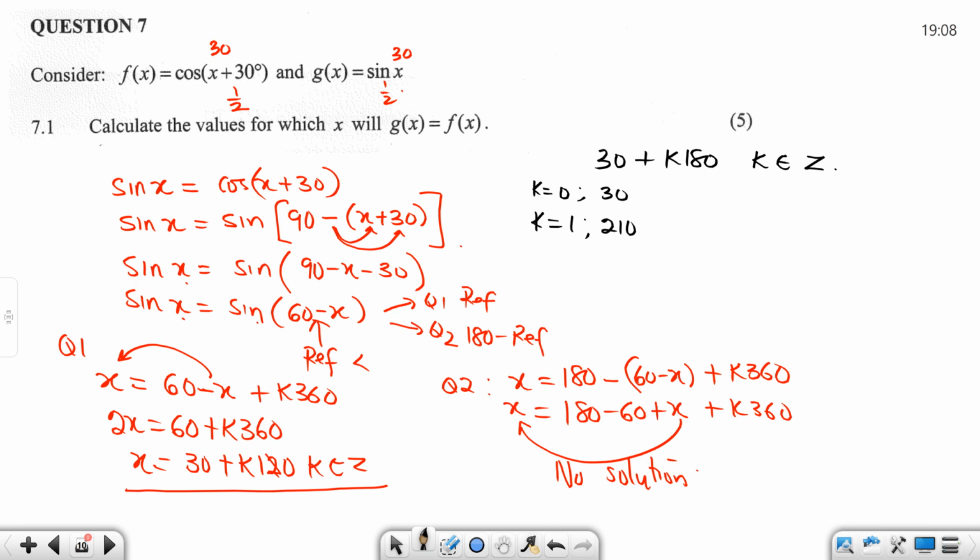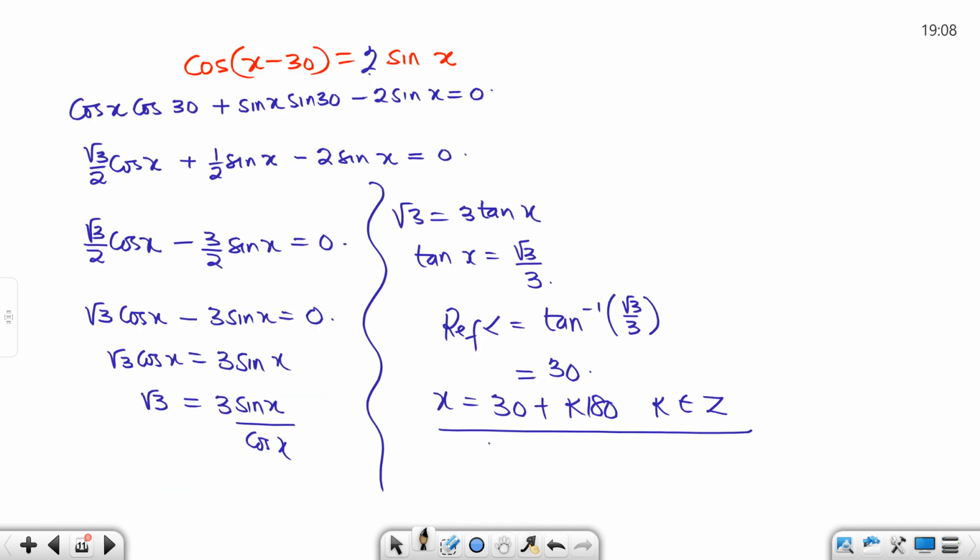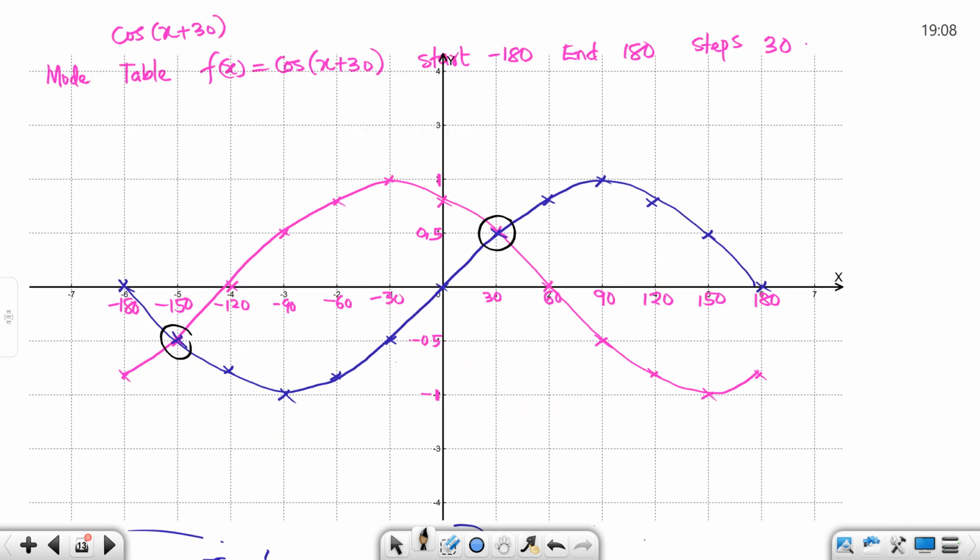We're just using our calculators, right? When K equals negative 1, negative 150. That's the negative 150 we saw on the graph and the 30 we saw on the graph. Domain. The reason why we're not seeing the 210 is because our graph did not get to 210. Is it making sense? This is how you sketch your graph, guys.